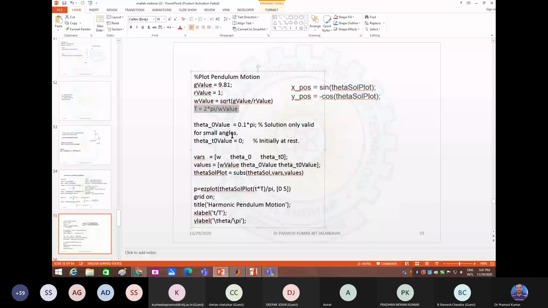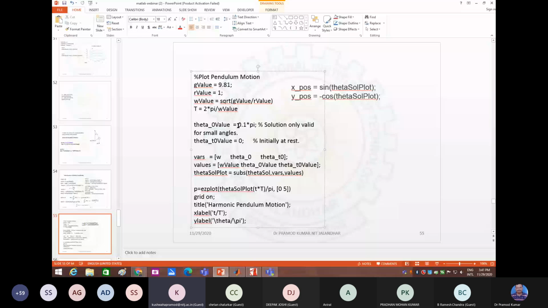Here W, theta 0 and theta t. We'll substitute in that equation and we'll run for theta 0 value 0.5 and theta t0 is 0, initially at rest, and for the smaller time period we are calculating.